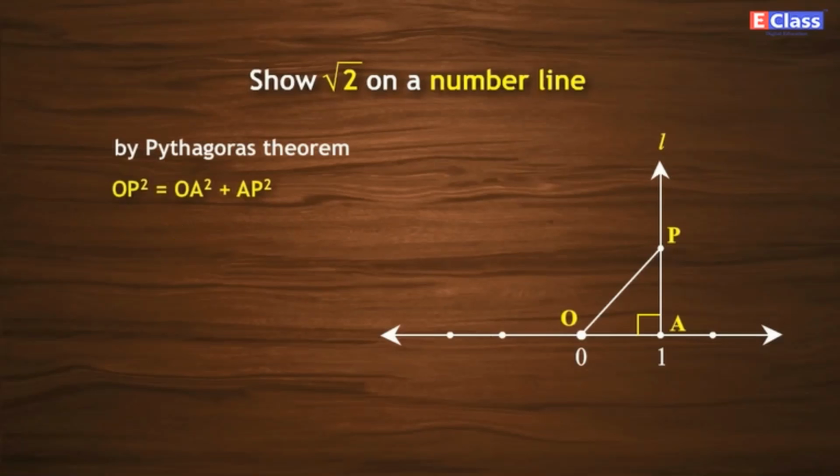Square of OP is equal to 2. Taking square roots on both sides, OP is equal to square root of 2.